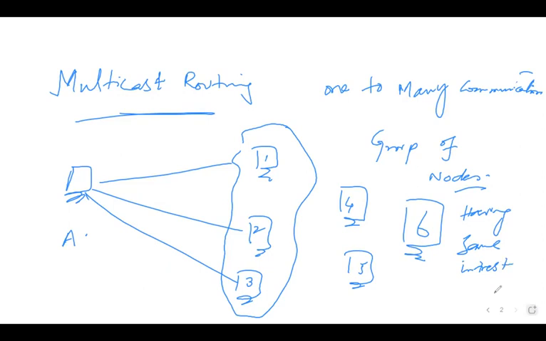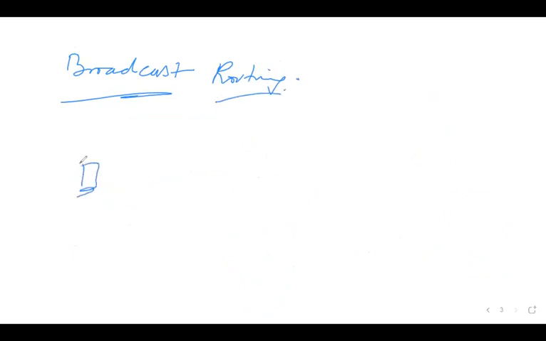Next one is broadcast communication. Broadcast routing means that you are delivering data to all nodes in the network.